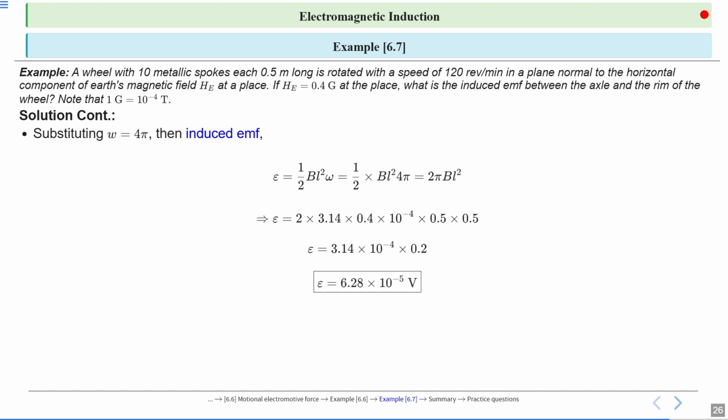So finally it will be equal to 6.28 into 10 to the power minus 5 volt. So this is the EMF induced across one spoke, and each spoke is identical. So EMF induced in each spoke is 6.28 into 10 to the power minus 5 volt.